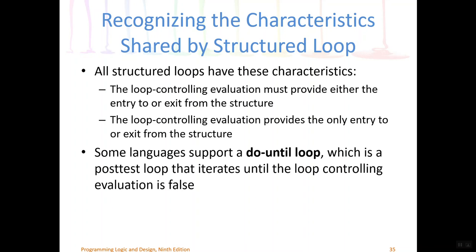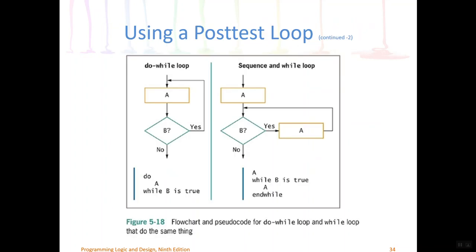Some languages also support a do until loop. Visual Basic is one of those, which is basically a post-test loop that iterates until the loop controlling evaluation is false. The best example is to go back to something we just looked at and pick on this one over here. We currently have do A while B is true.